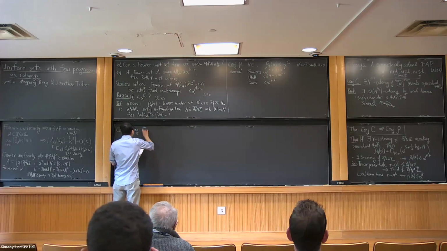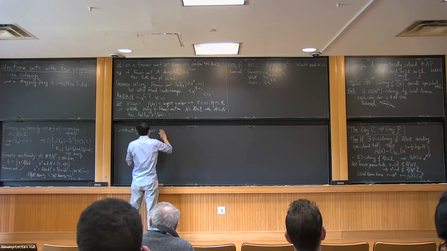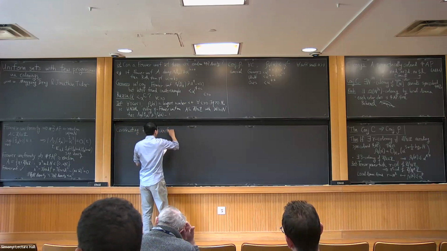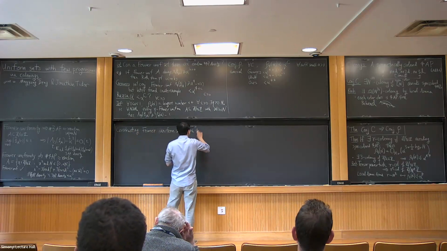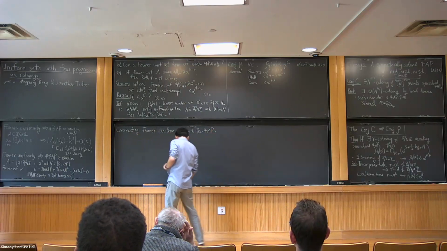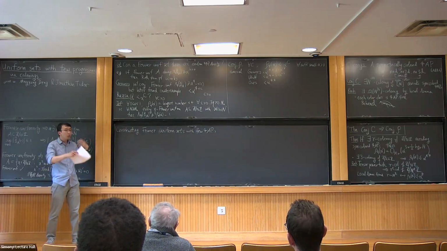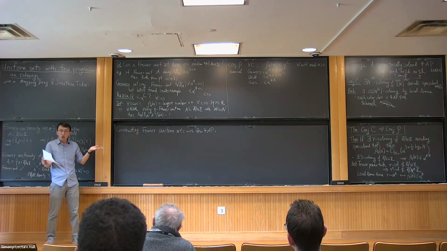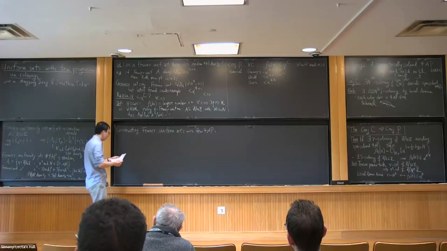Let's talk about constructing Fourier-uniform sets. The point here is that there's a general class of constructions, and this includes all the known constructions, including from previous work. This is not all the constructions, but seems to be a fairly general class.